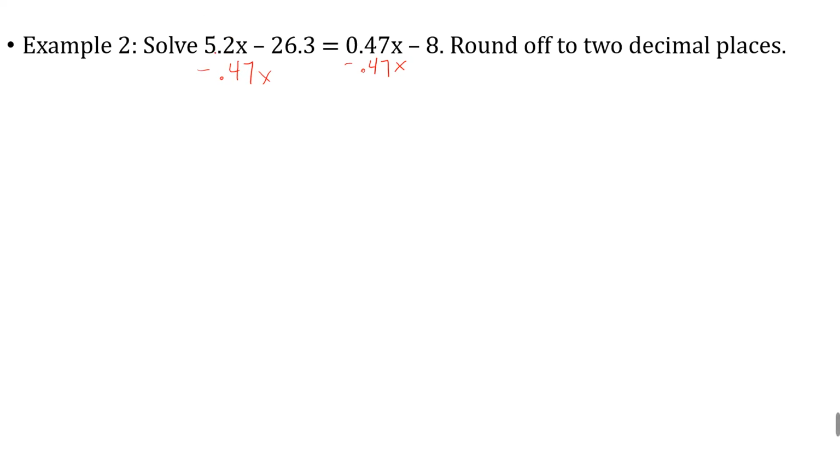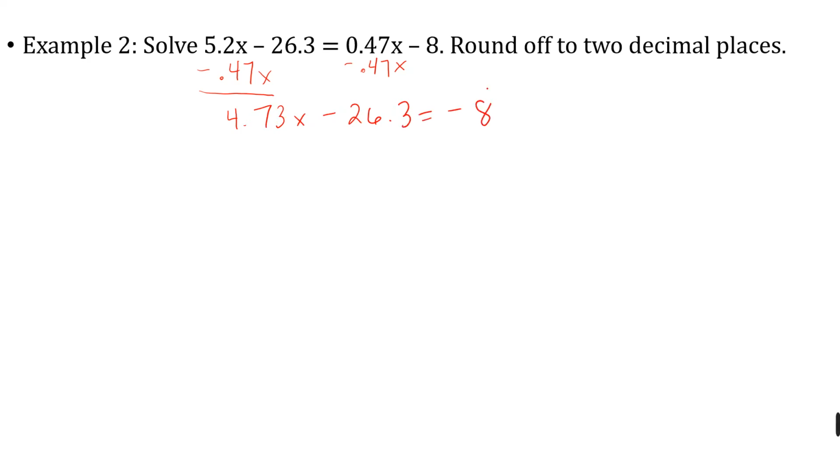And if I take 5.2 minus 0.47, I know I'm going to get a positive answer. Okay, I guess I will use my calculator even to do a simple subtraction. 5.2 minus 0.47, 4.73x minus 26.3 equals negative 8.